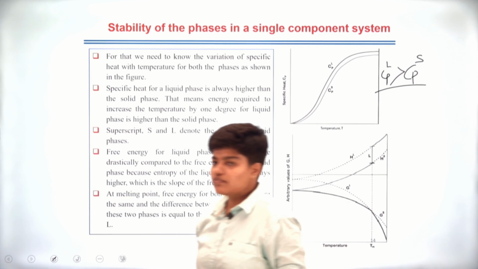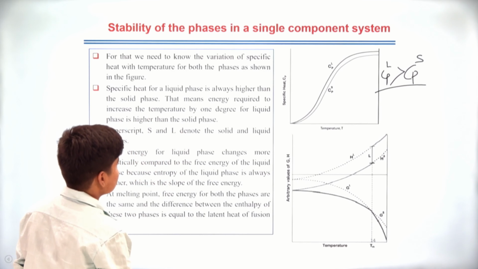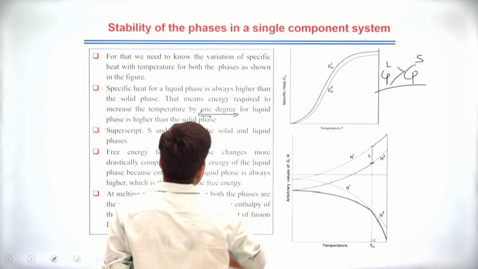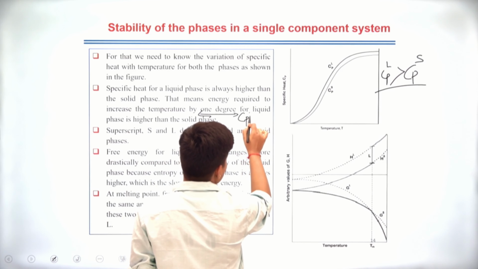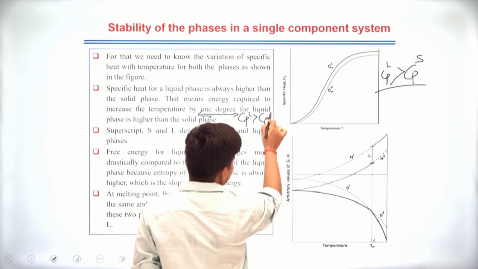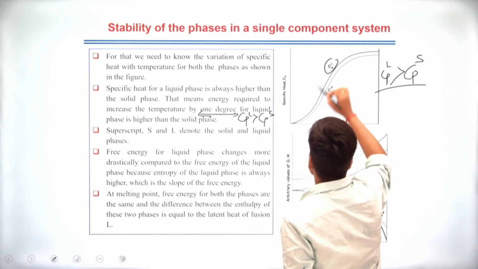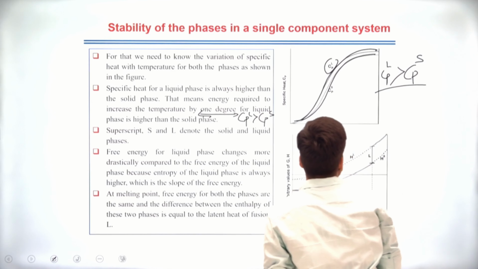Because the liquid phase requires more heat to change the temperature by 1 degree than the solid state. So Cp for the liquid will be greater than Cp for the solid, and the slope for the liquid is higher than for the solid state.